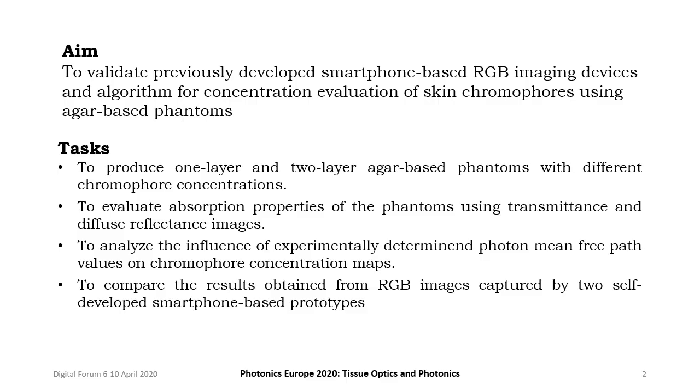To achieve the aim, we set the following tasks: to produce one-layer and two-layer agar-based phantoms with different chromophore concentrations, to evaluate absorption properties of the phantoms using transmittance and diffuse reflectance images, to analyze the influence of experimentally determined photon mean free path values on chromophore concentration maps, and to compare the results obtained from RGB images captured by two self-developed smartphone-based prototypes.